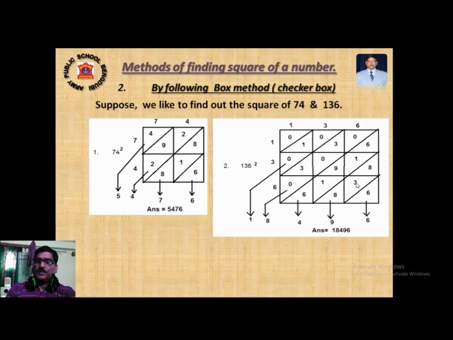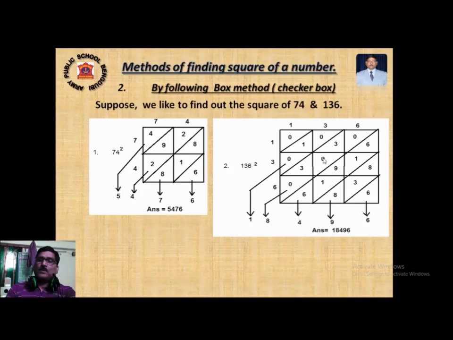Now write down the result. The result of this box is 6. The sum of the digits here is 19, so 9 will be here and 1 will be carried forward to the next box. So 6 plus 1 is 7, 7 plus 1 is 8, 8 plus 9 is 17, 17 plus 1 is 18, 18 plus 6 is 24. 4 will be here, and 2 will be shifted to the next box.